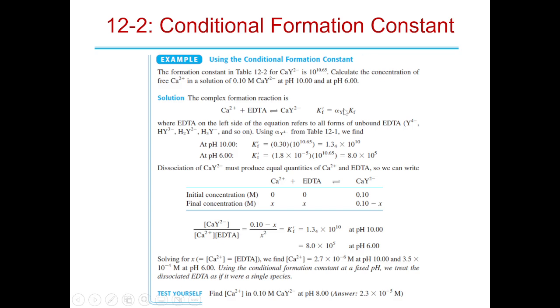So you have to do the activity of the Y4- times the KF, okay? And again, this is actually a derivative of those activity formulas that you looked at before, right? So the term in here would be a Y4- concentration. And typically you can move those activities out in front. And the only activity that's going to change is the Y4- one, right? So the rest of them will go to unity.